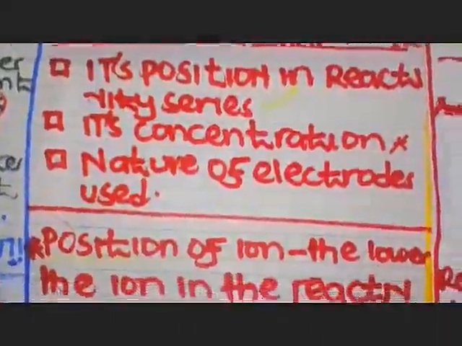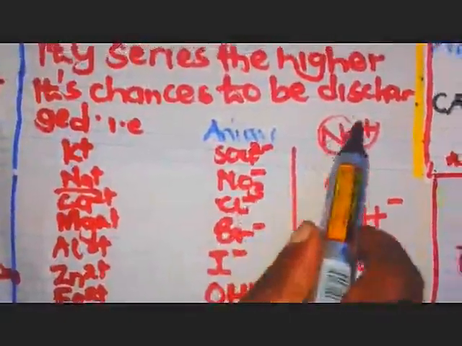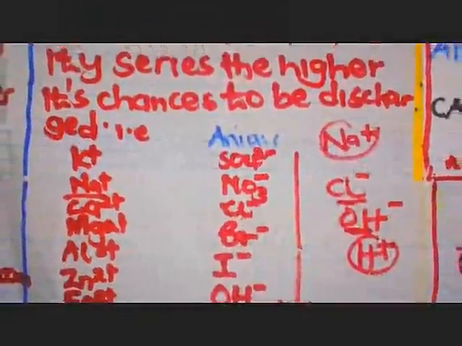If you carry out electrolysis of concentrated sodium chloride, brine, the number of sodium ions and chloride ions is going to be higher, so you are going to discharge the sodium ions and the chloride ions. But when you carry out electrolysis of dilute sodium chloride, you will discover that you are not going to discharge the sodium ions and the chloride ions. Instead, you are going to discharge other ions, as we are going to see.